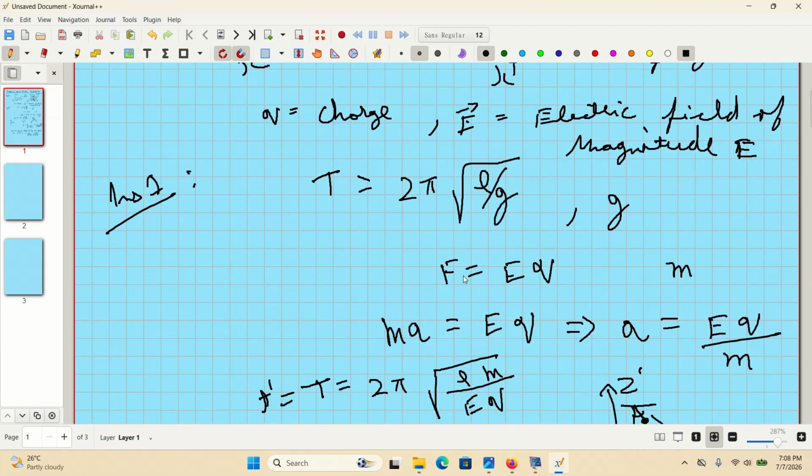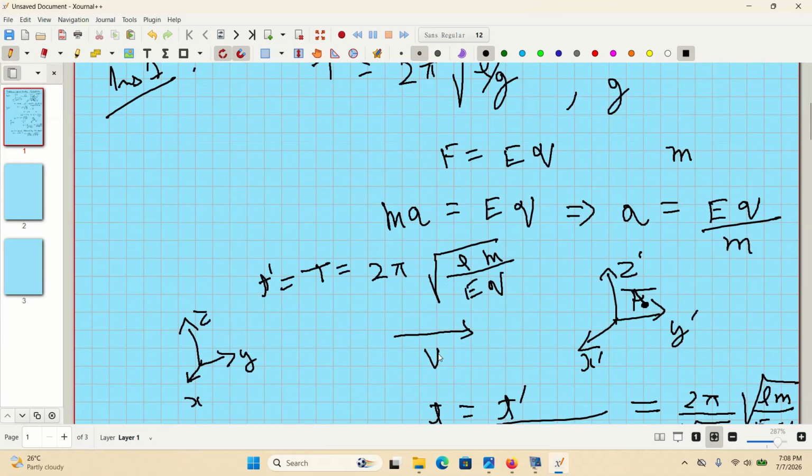So we solved this Newton's equation in the spaceship and got the acceleration of the charge inside the spaceship, and we have t prime from our calculations inside the spaceship.